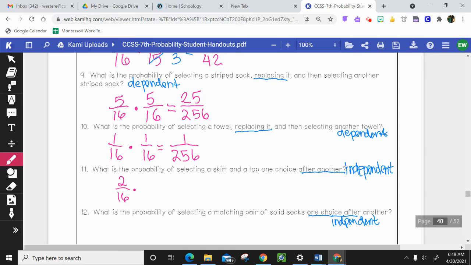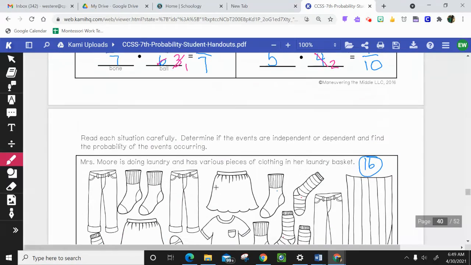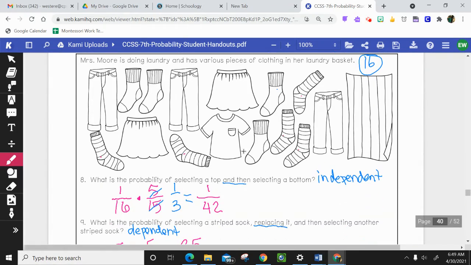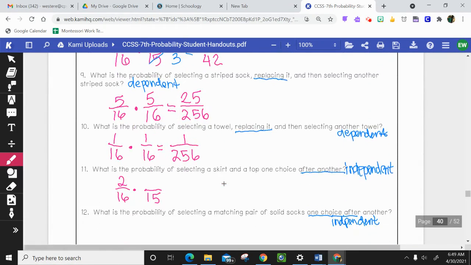So now I have the skirt in my hand. So my new total items is 15. Let's see, and then she's going to select a top. Oops, too far. And there's only one top. Is 1 out of 15.